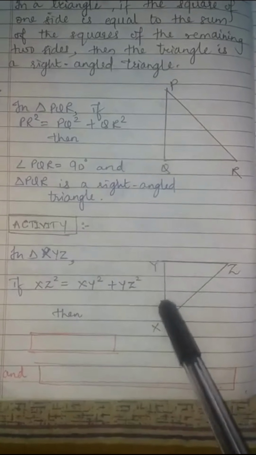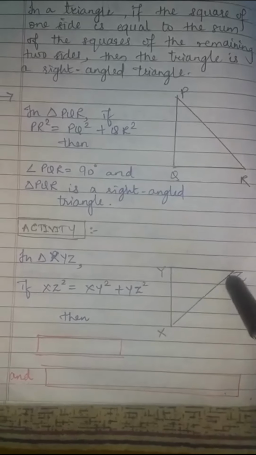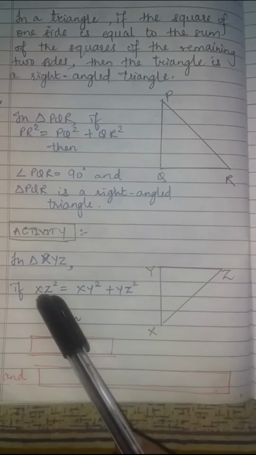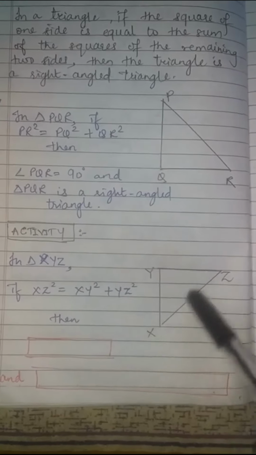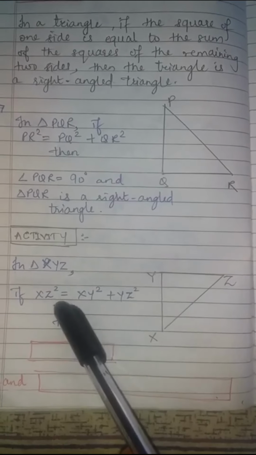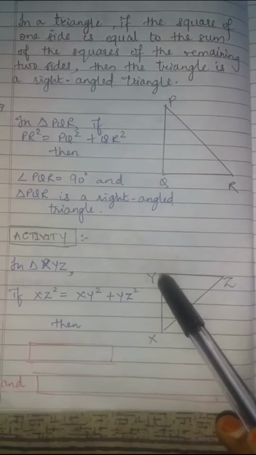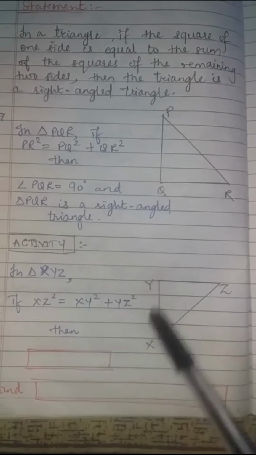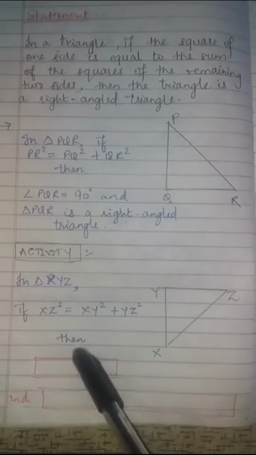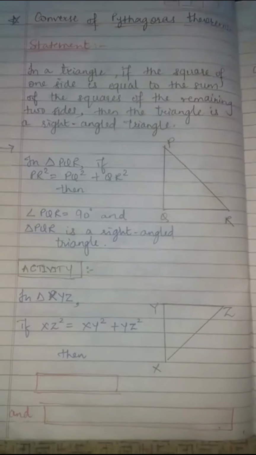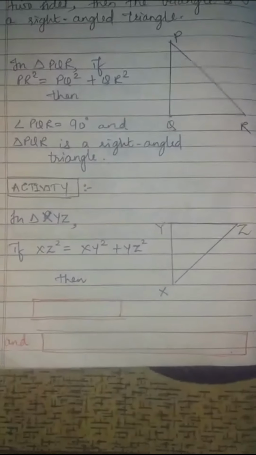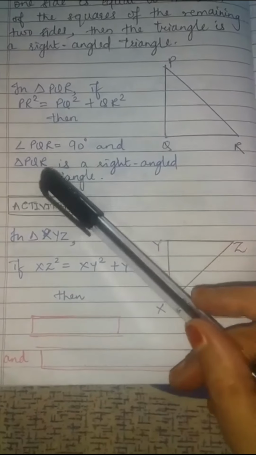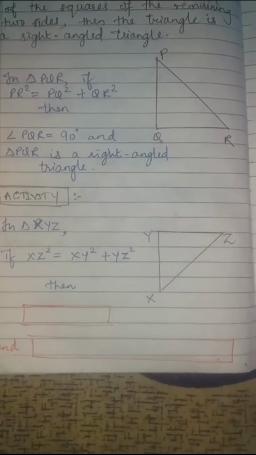In triangle XYZ, if XZ square, the square of one side, is equal to XY square plus YZ square, that is, the square of one side is equal to the sum of the squares of the remaining two sides, then by the converse of Pythagoras theorem, what do we get? We can say that by the converse of Pythagoras theorem, one angle will be 90 degree and that triangle will be a right angled triangle.